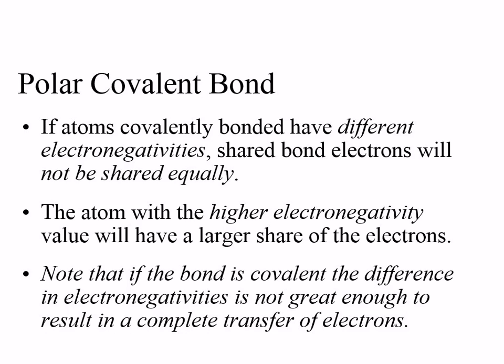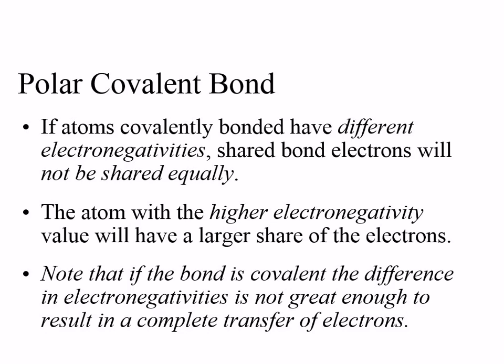Then we have degrees of polarity, because you can have something slightly polar, something polar, and something highly polar. So the degree of polarity can change depending upon the increasing difference in electronegativities.